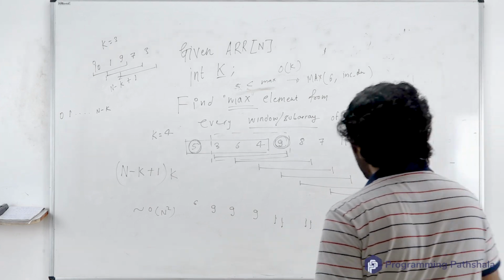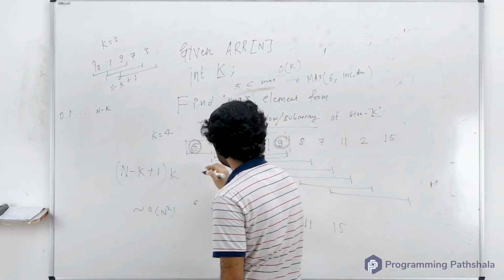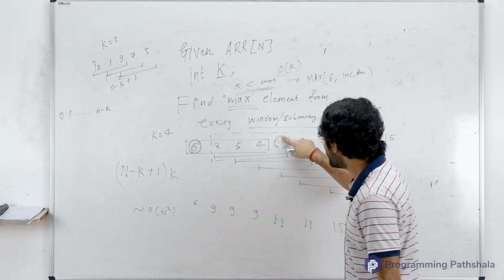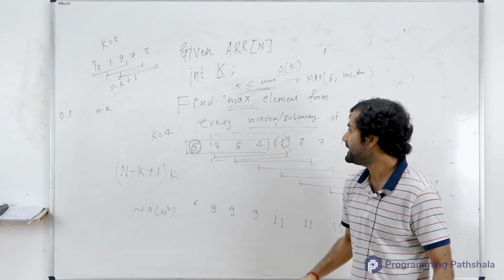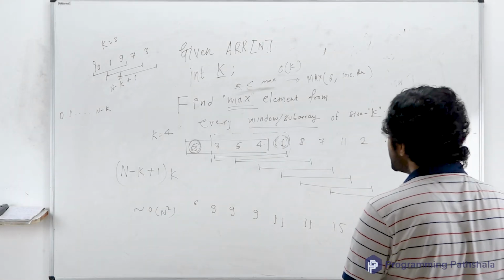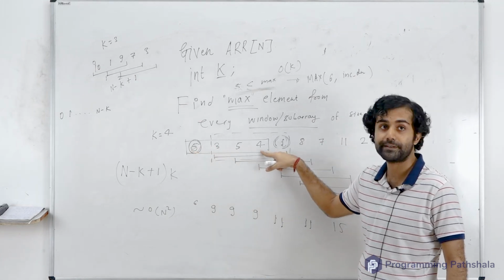But if that is not the case, if let's say this was a 6 here also, and this was a 6 here and a 5 here, and then a 1 here, in that case, could you tell it? You could not tell it, right? Because if this 6 is going, what if there are some more occurrences of 6 over here?